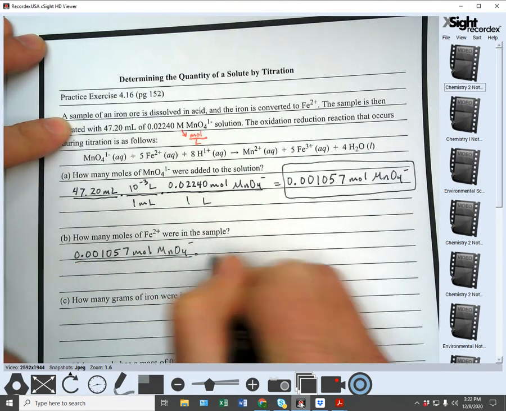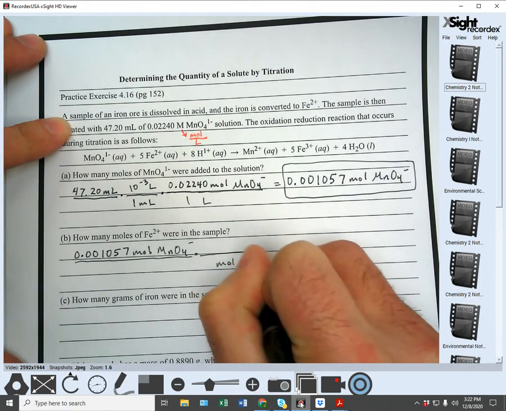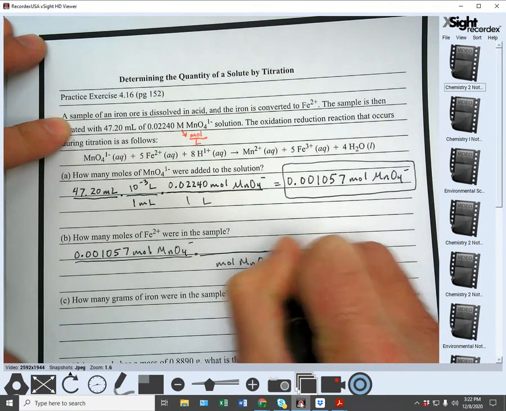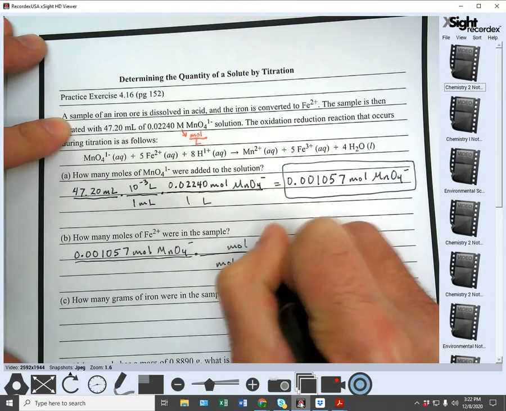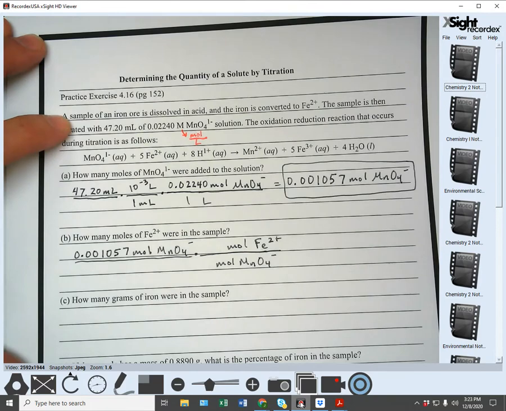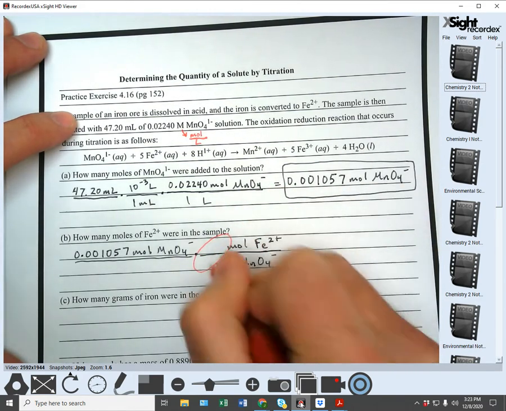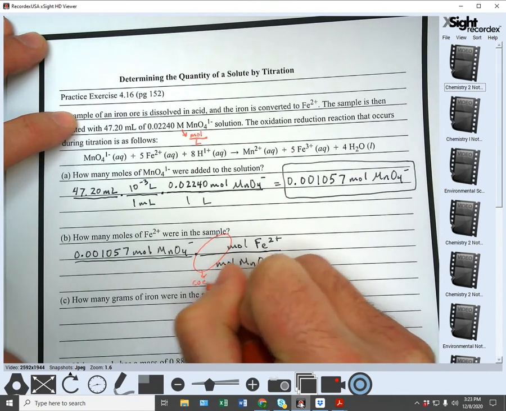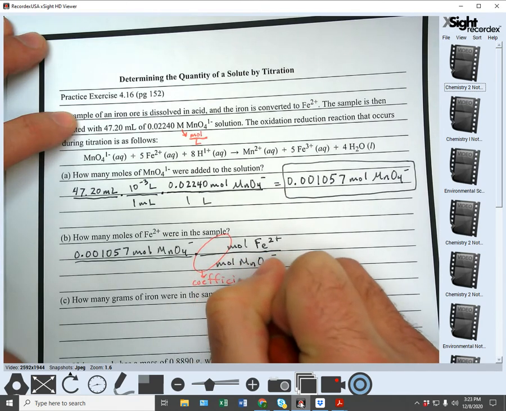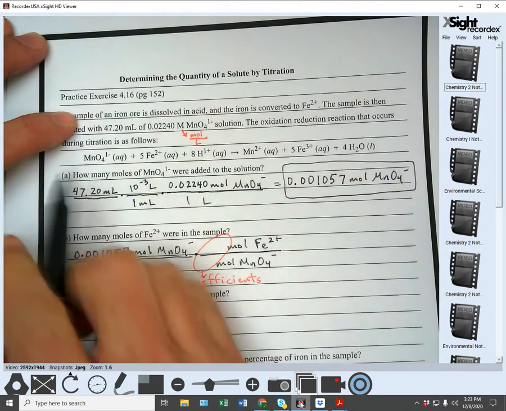Now all I'm going to do is go from moles MnO4 negative 1 to moles of Fe2 plus. If you don't remember from before, these numbers come from the coefficients in the balanced equation.